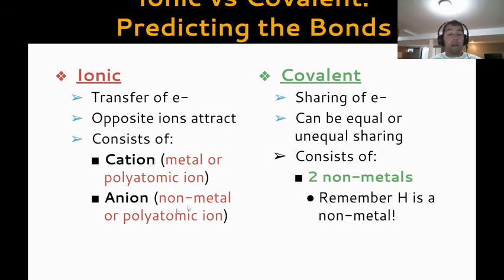An anion, which is a negative ion, is generally made of nonmetals or, again, polyatomic ions. Covalent bonds generally consist of two nonmetals. So anything that is to the right of the staircase is a nonmetal, plus hydrogen is also a nonmetal, even though it is on the metal side. That is the one exception to that rule. So that is how covalent bonds work, and that is how covalent and ionic bonds differ from each other.